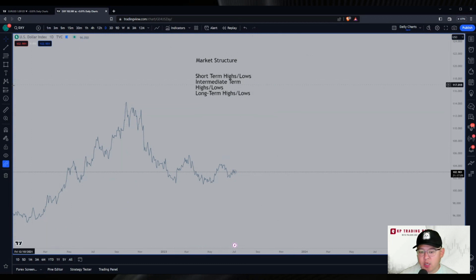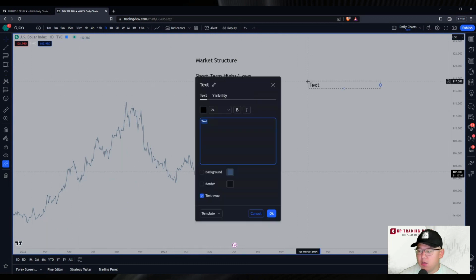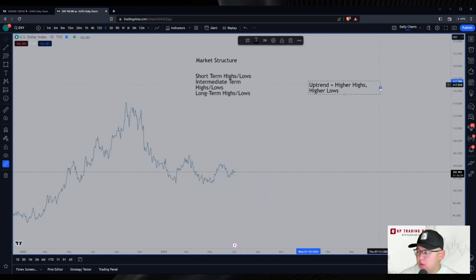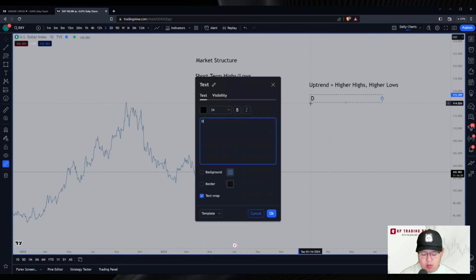So in an uptrend, we're going to see higher highs and higher lows. And in a downtrend, you're going to see lower highs and lower lows.